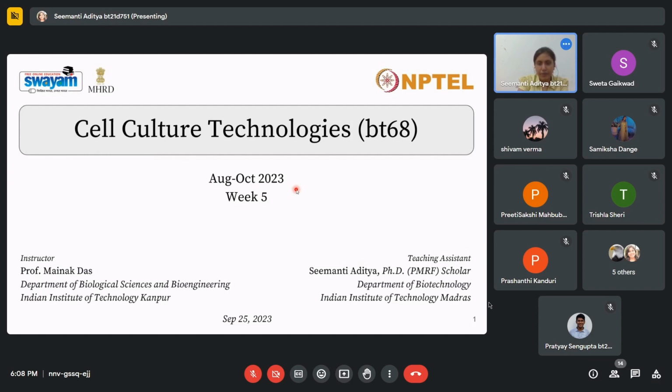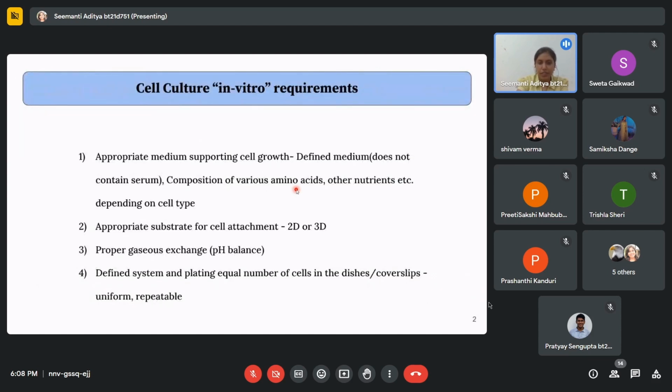So let us begin. The cell culture in vitro requirements, as we all know and as we have been talking about for a long time, is that appropriate medium is required for supporting the cell growth. Appropriate medium in the sense that different cells require different compositions of various amino acids. Some require greater concentration of some basic amino acids, some require greater concentration of some acidic amino acids.